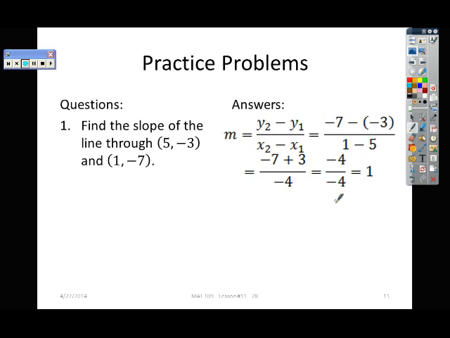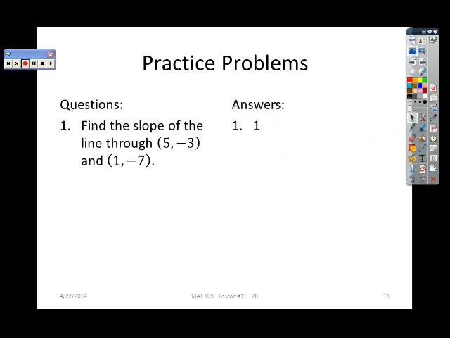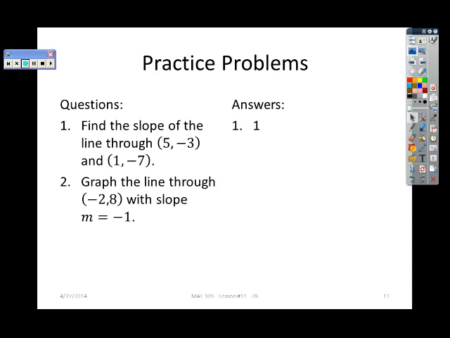You need to make sure you know how to use that equation. It applies when you have 2 points. Given 2 points, you can calculate the slope of the line between them. So the slope of that line is 1. Can you graph that? You should be able to.